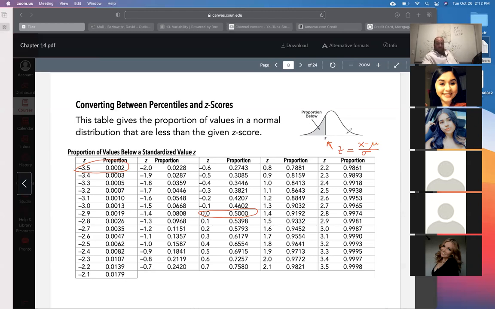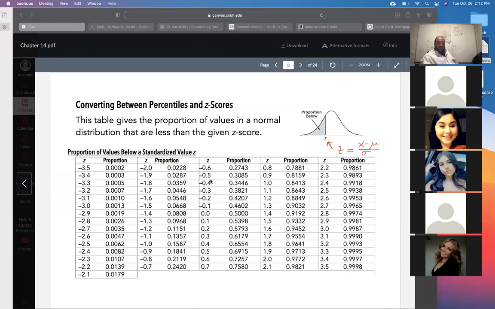Conversely, when I move to the right and get positive z's, the amount of data beneath me gets bigger and bigger. By the time I reach 3.5, symmetrically, it's 0.9998 to the left, and so on. Does that make sense?